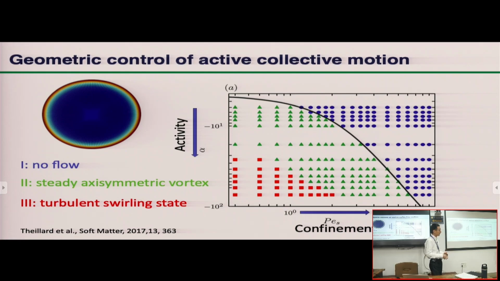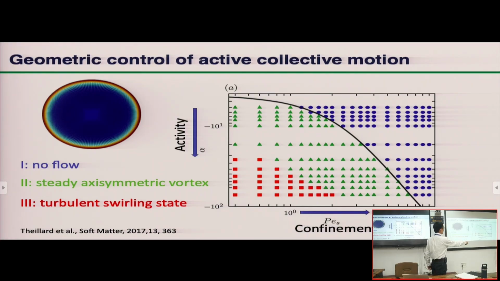However, because of the confinement, you can shrink the container. So you can increase the level of confinement, and what you see is you're going to suppress this more chaotic flow due to the fact that you don't have enough space for that. And then eventually you're going to transition into a more steady vortex flow.